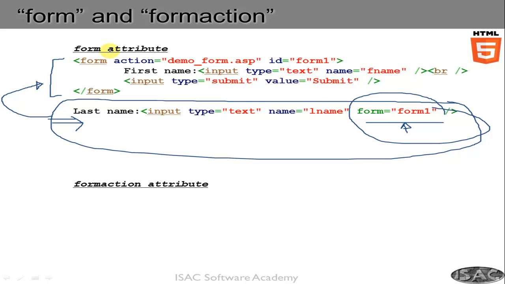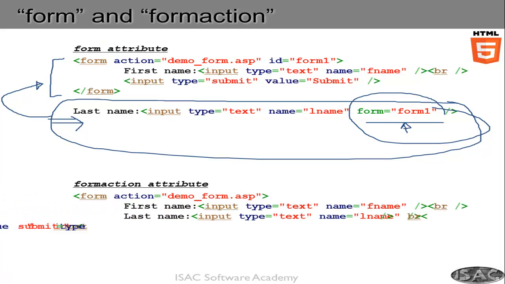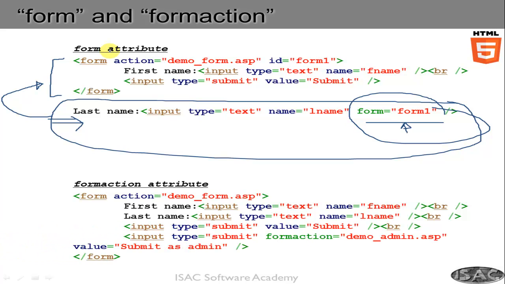Now let us see what is the use of the form action attribute. Here the form action attribute is used to declare that there are multiple actions from different buttons. So if you see here, there is one submit with value equals to submit.